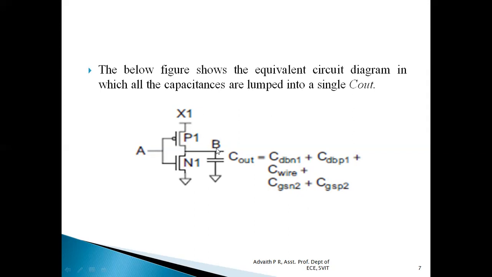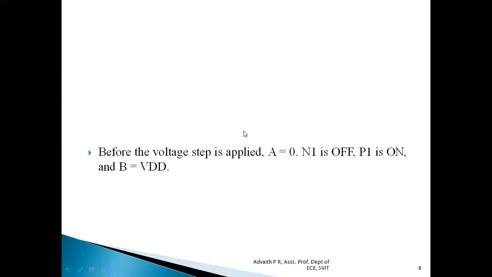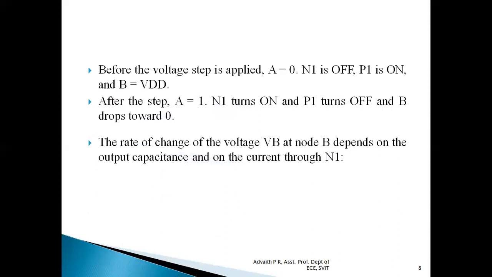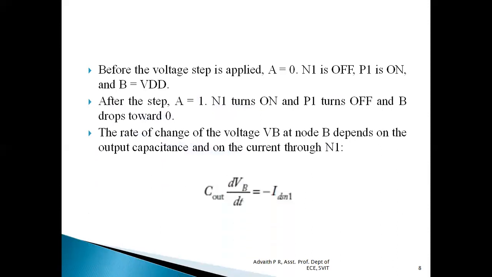The rate of change of voltage VB at node B depends on the output capacitance and on the current through N1, which is given by the equation IDSN1, the drain to source current of the N1 MOSFET, equal to C out multiplied by dVB divided by dt, where C out is the output capacitance or the load capacitance, and dVB by dt is the voltage change of node B with respect to time.